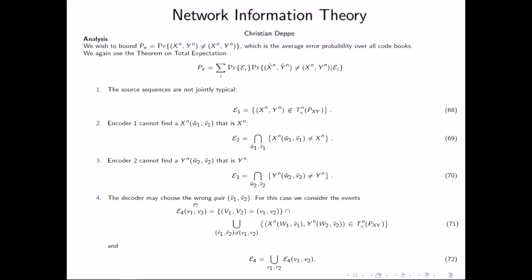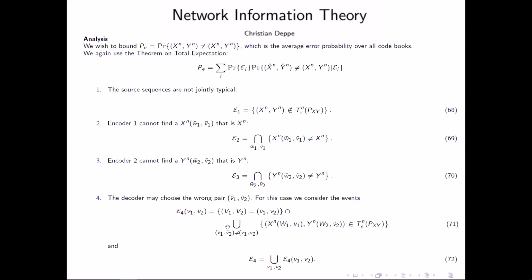Error event 4 is that the decoder chooses the wrong pair, w1 tilde and w2 tilde. For this case, we look at the events that v1 and v2 are such that v1 tilde and v2 tilde are unequal to v1 and v2, and the sequences are typical.